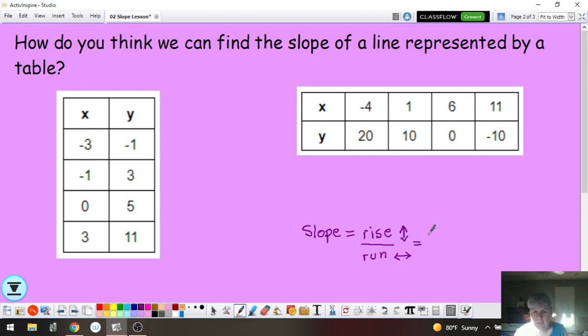Well, vertically, the rise is a change in y value. Or using notational shorthand, we call that delta y. The delta symbol stands for change. The run, the horizontal, that's the change in the x value.